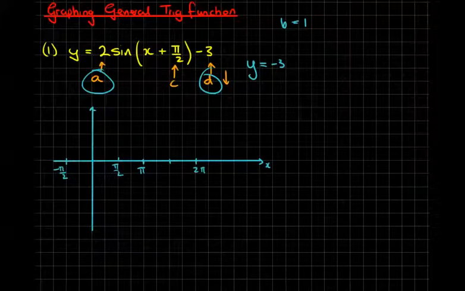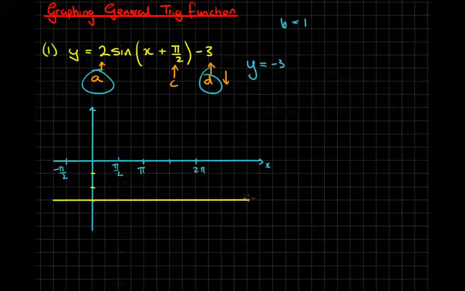So let's say there's minus 1, minus 2, minus 3 is there. This is going to be the middle of our wave. You have a function, and the middle of the wave is whatever that particular value is.